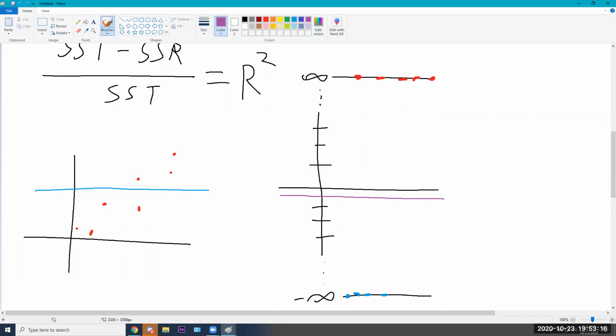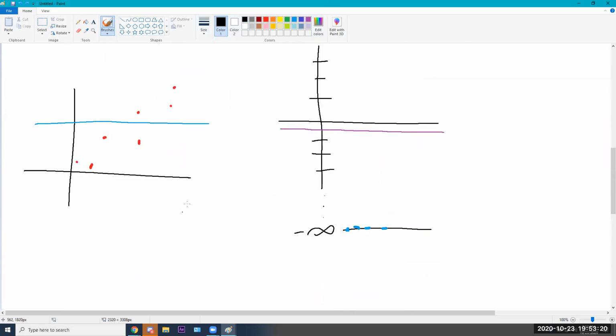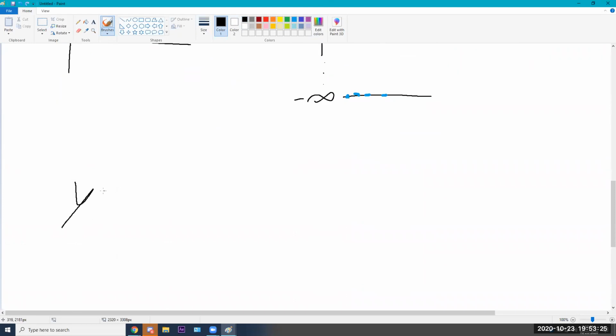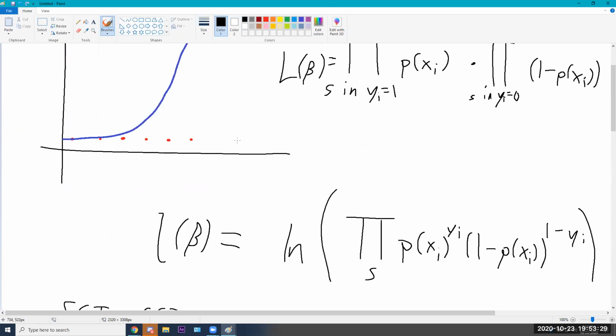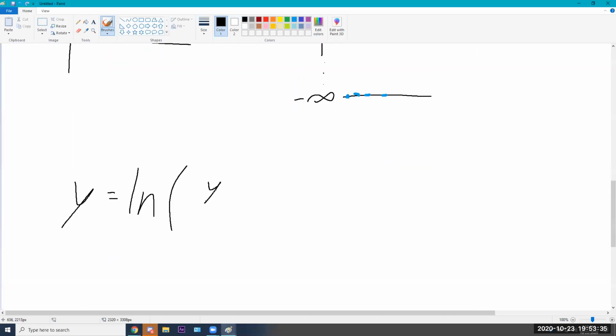And again, to get from normal, where y is linear, to logit space, we have to use that equation. It's equal to ln of y over 1 minus y.